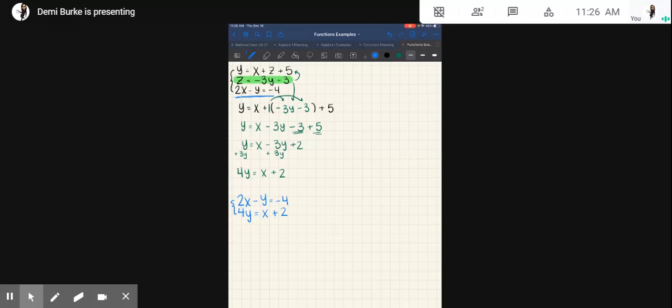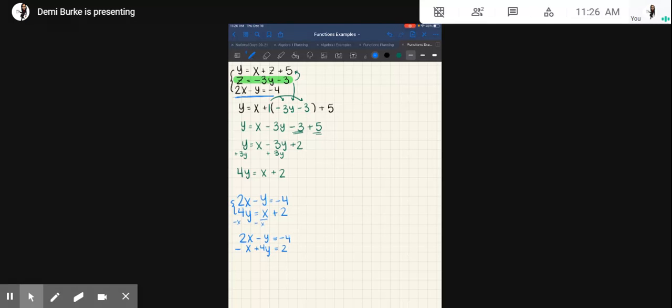Option 1, which I think is the option you're going to want to do, is you're going to move this x over to the other side so that you come out with minus x over here and minus x here. You'll keep your original top equation, 2x minus y equals negative 4. But we now have an equation of negative x plus 4y equals 2.